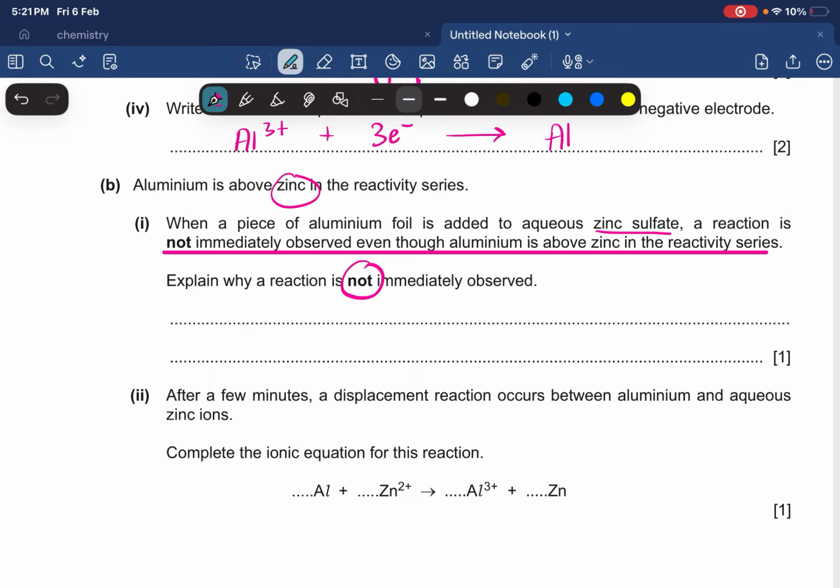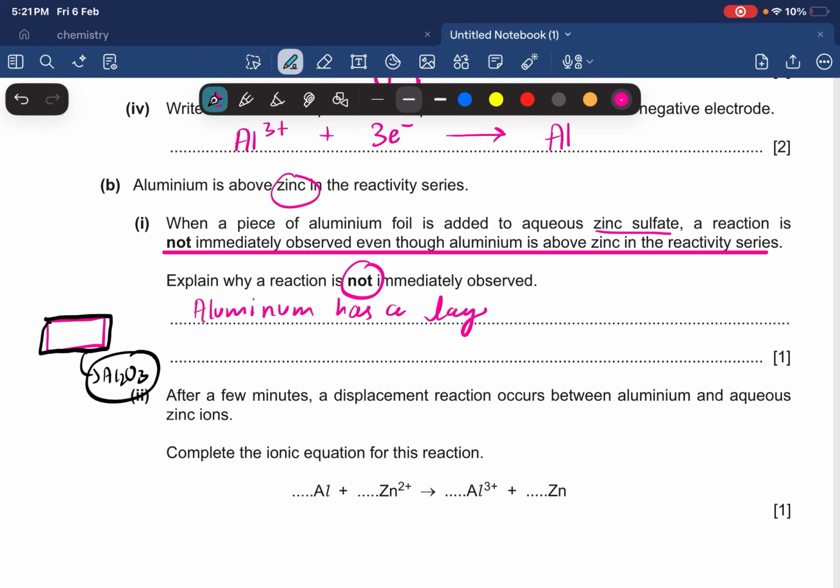Because whenever you have aluminum, always remember there is a layer of aluminum oxide on it, Al2O3, which is unreactive. So we tell the examiner that the aluminum has a layer of Al2O3 on it, which does not react.